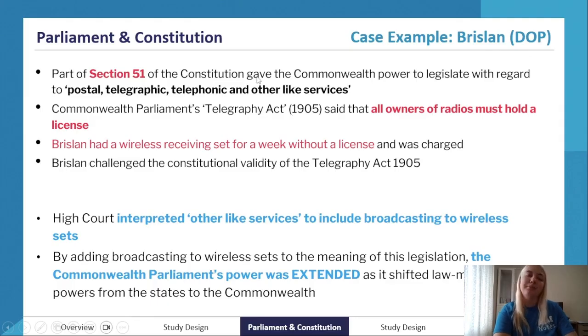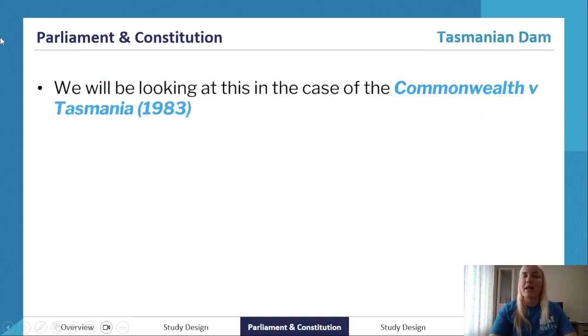But similarly, the scope of the legislation could have been narrowed if the High Court had interpreted that other like services may only refer to specifically services that are postal, telegraphic, or telephonic that are in some way very, very, very similar to the services already existing when this legislation was drafted. In that case, Brislin would have won this case, okay, and would have not been charged with an offense. So that's exactly what that's referring to.